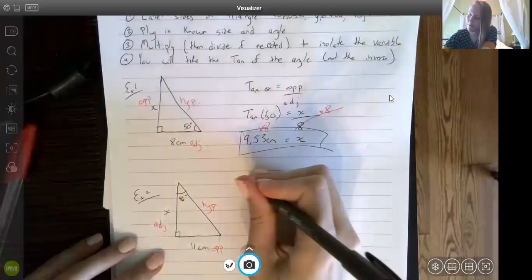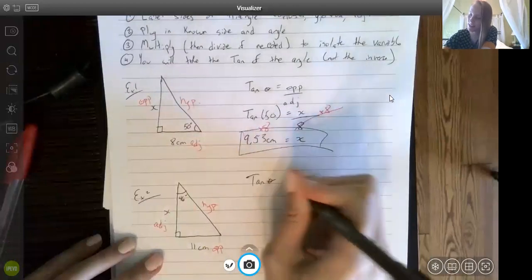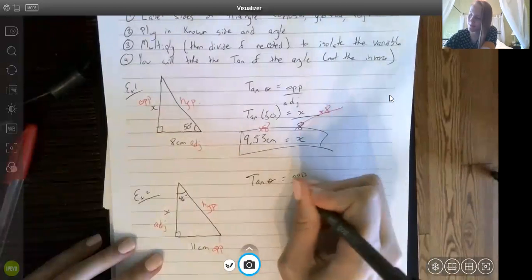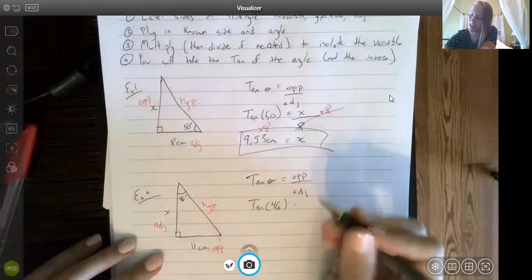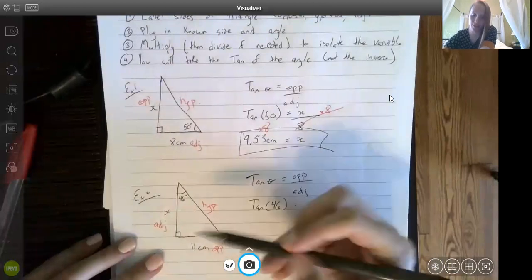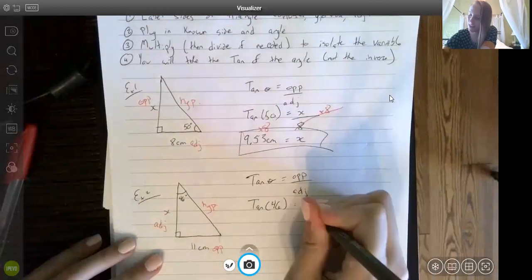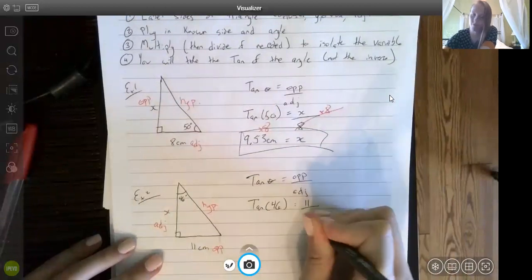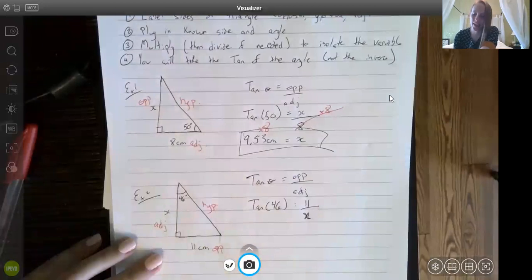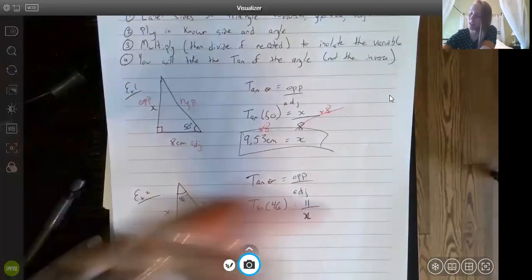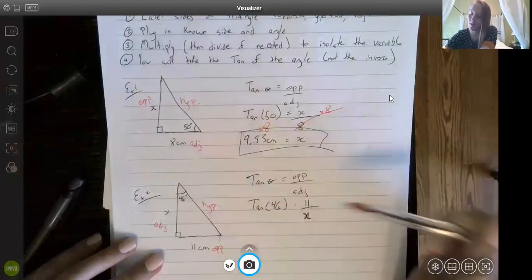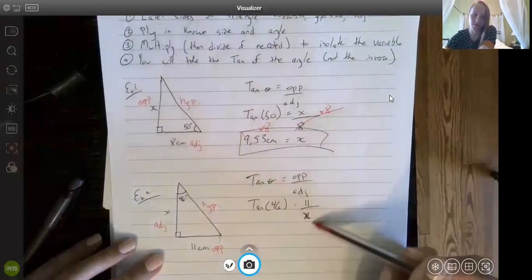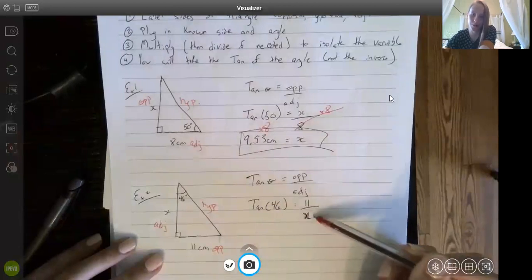Then I'm going to start with the same formula. The tan of an angle is opposite over adjacent. I'm going to plug in my angle of 46 degrees. And this time, I'm given the opposite side, 11. I'm looking for the adjacent side. Just like last time, when we have a fraction like this that involves a variable, the thing on the bottom has to be the one that moves. So even though my variable is now on the bottom, that still has to be the thing that moves.